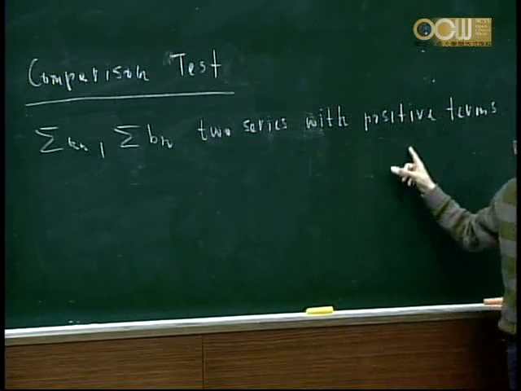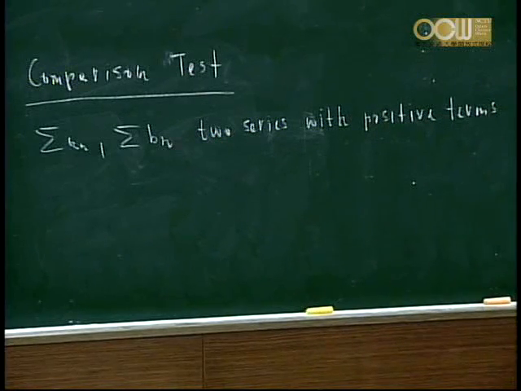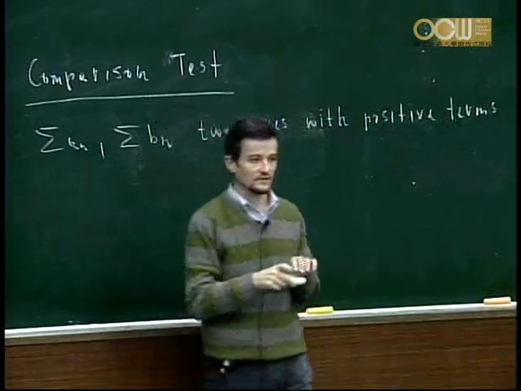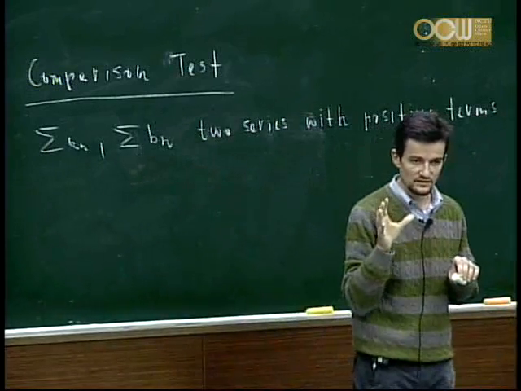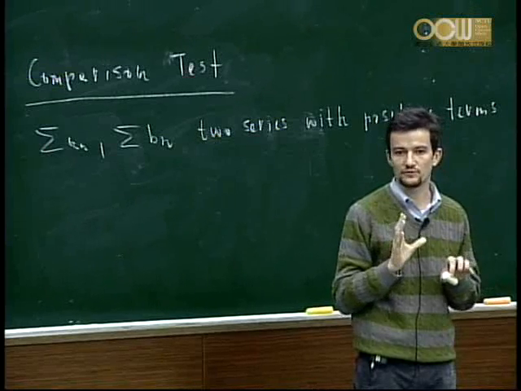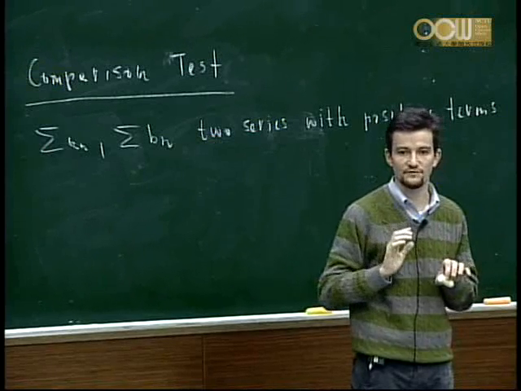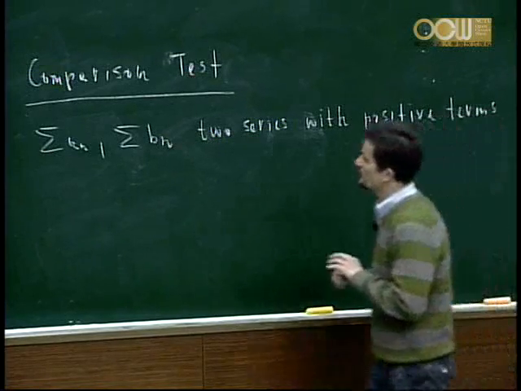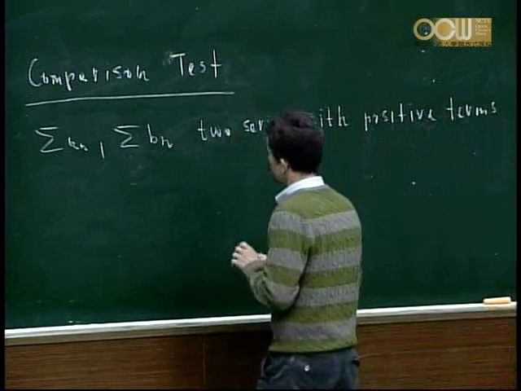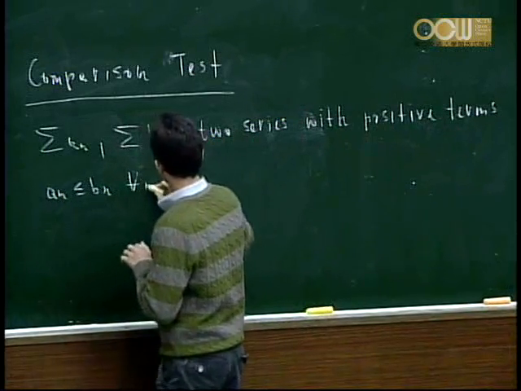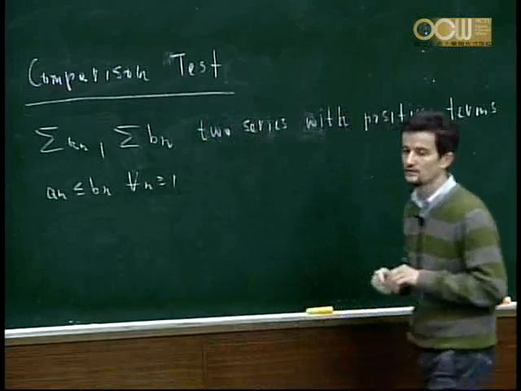This is important, because if you have positive terms, the sequence of partial sums is increasing. And if a sequence is increasing, everything is much easier, because you just have to prove it is bounded, and that's enough for convergence. So we have those two series with positive terms, and we have that an is smaller or equal than bn for all n greater than or equal to 1.